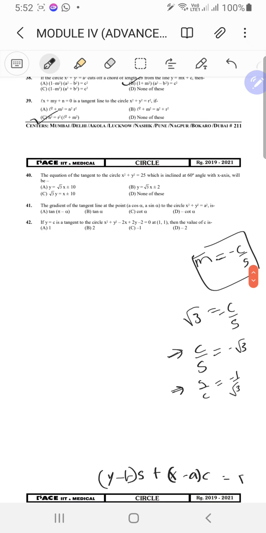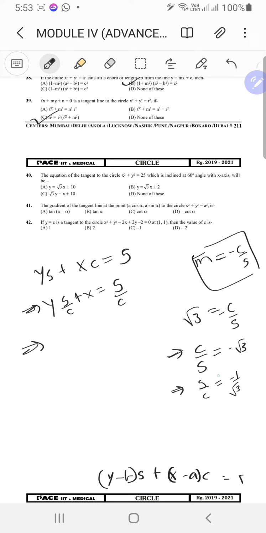Once again, where was I? It has to be (y minus b) is 0 times sine theta, plus x times cosine theta equal to r, which is 5 over here. So y into s upon c plus x equal to 5 upon c.